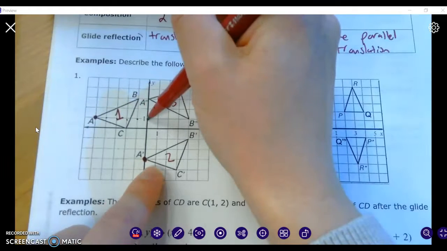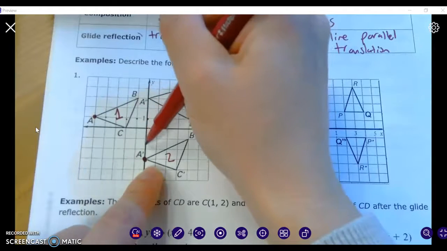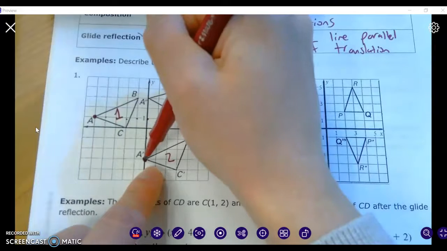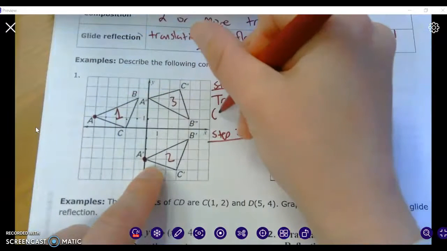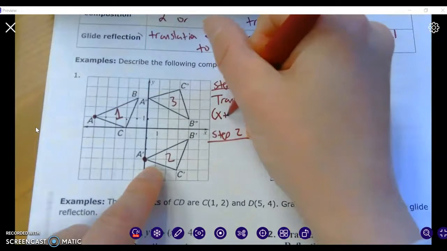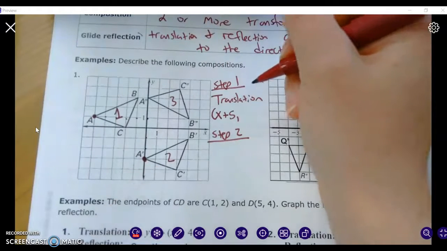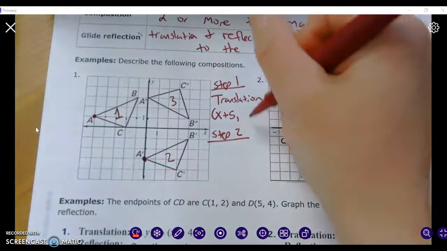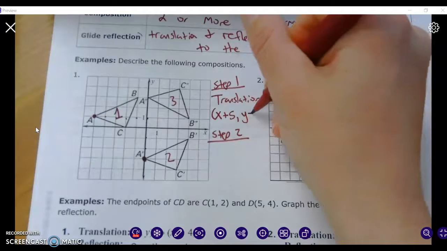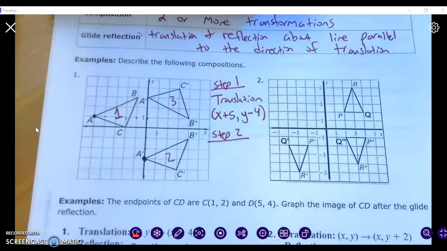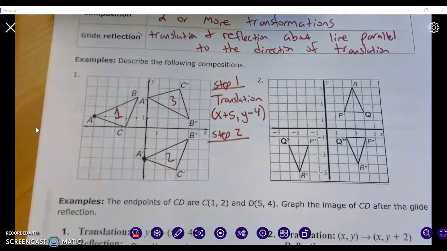So it moved 5 to the right, and then 1, 2, 3, 4, down. So that rule would be X plus, what did I say, 5? So X plus 5 would be 5 to the right, and then down Y minus 4. Questions?